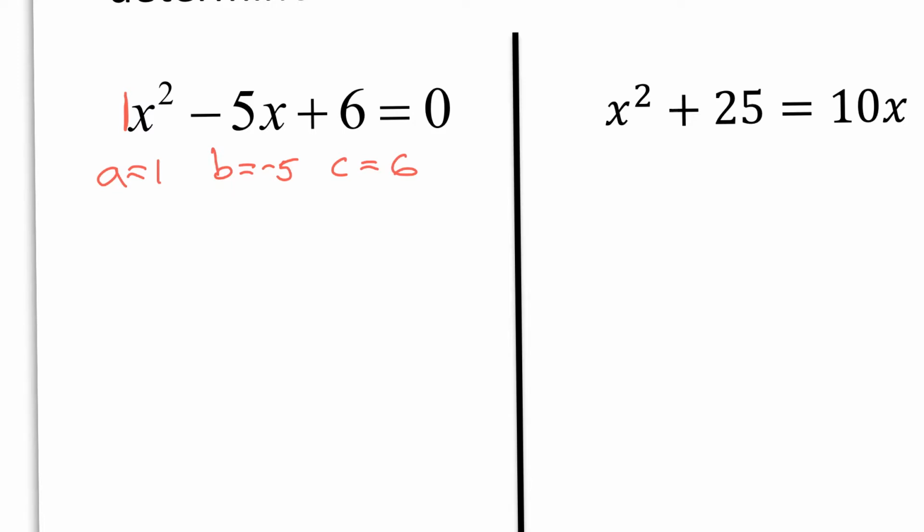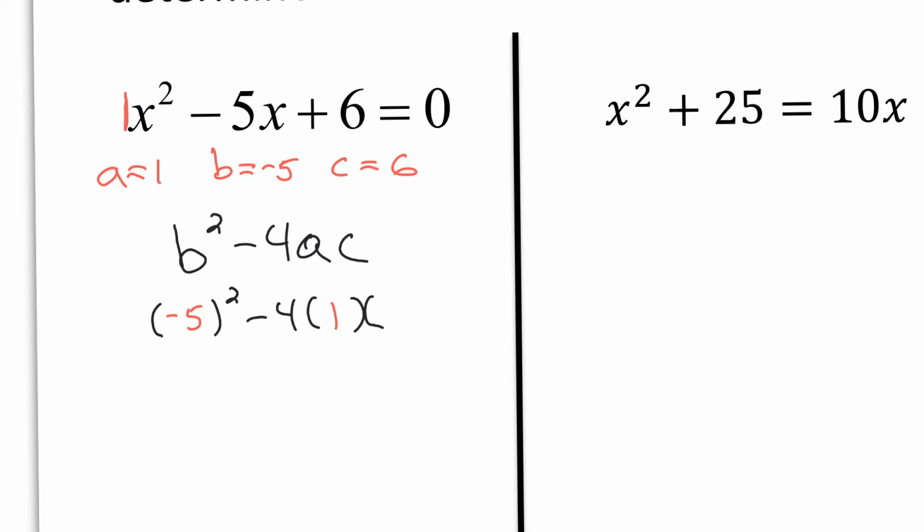So I'm going to write down the discriminant, b squared minus 4 times a times c.